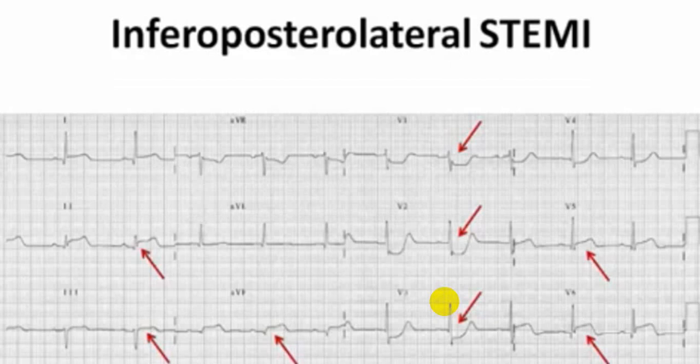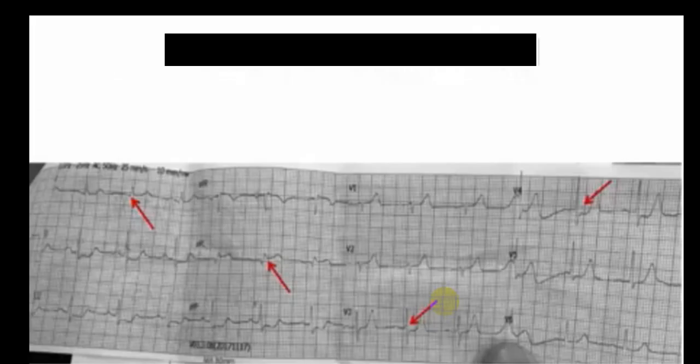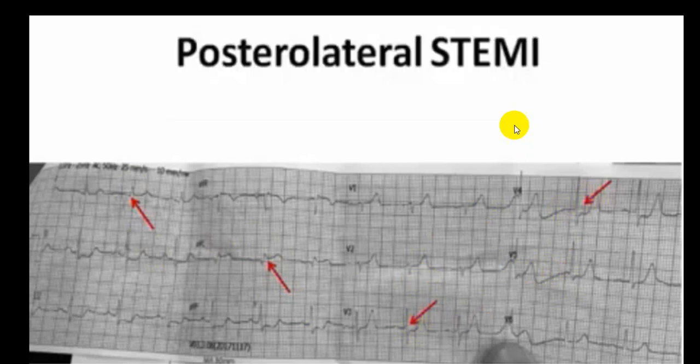So inferior, posterior, lateral STEMI. This is posterior lateral. So you got lead 1 AVL and you got an ST depression in V3, V4. So this is lateral wall and this is posterior. So this will be posterior lateral.